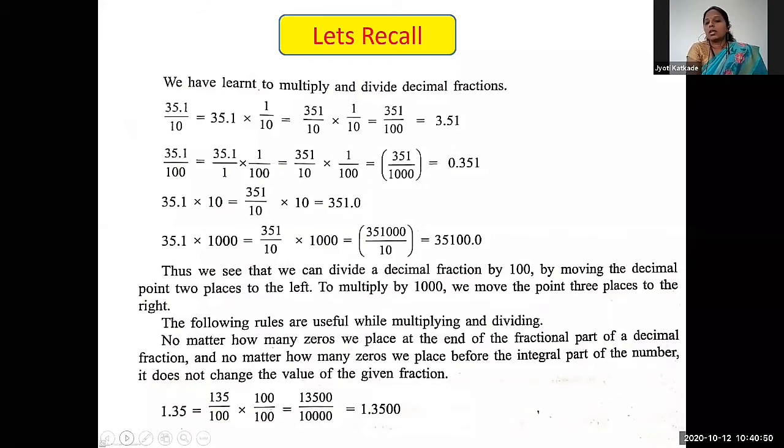Here after 1 there is no value, so we take 0s because we have to move the decimal point to the right by 3 places. Then we get 35,100.0. Thus we see that we can divide a decimal fraction by 100 by moving the decimal point 2 places to the left. To multiply by 1000, we move the point 3 places to the right.